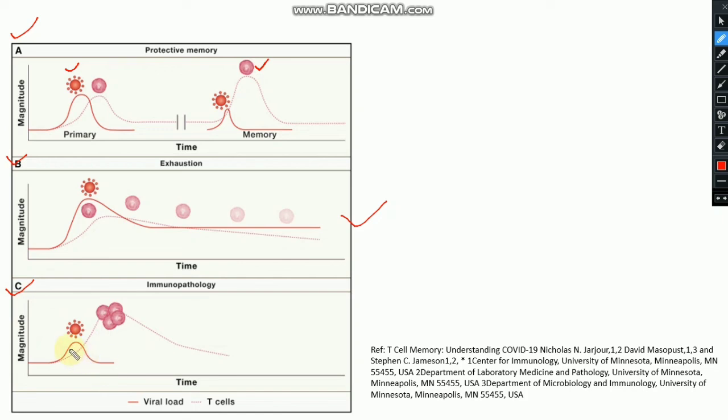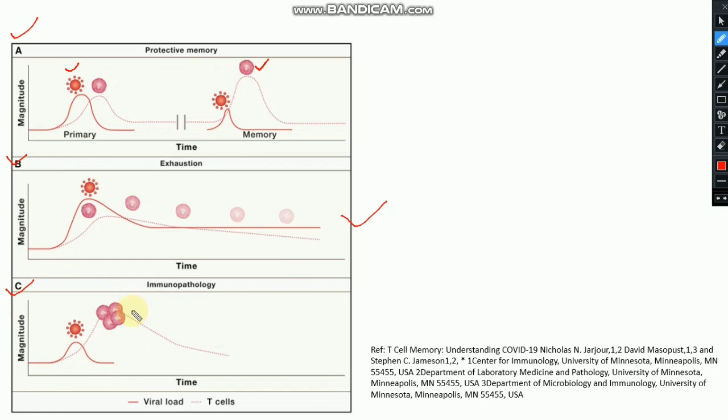And scenario 3, what is happening here? When the primary infection is very strong, the immune cells proliferate rapidly, and the number of memory T cells is very high. This is very dangerous. It may give rise to autoimmunity.